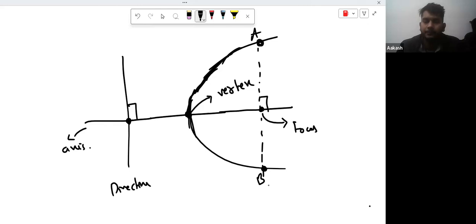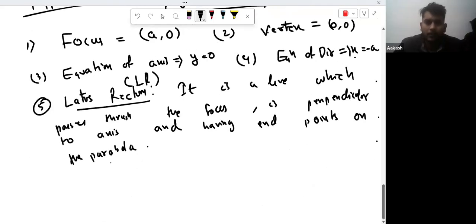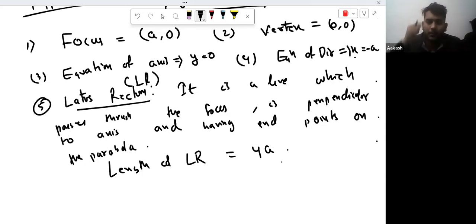Very simple. Got it, everyone? So here the length of LR in this equation is 4a. Total length from up to down is 4a. Note it down.